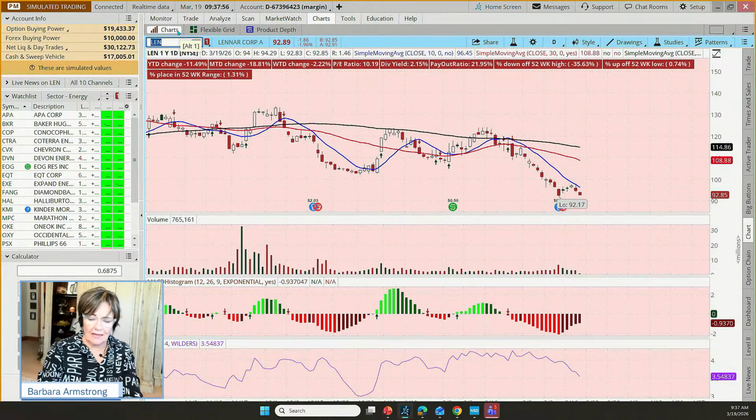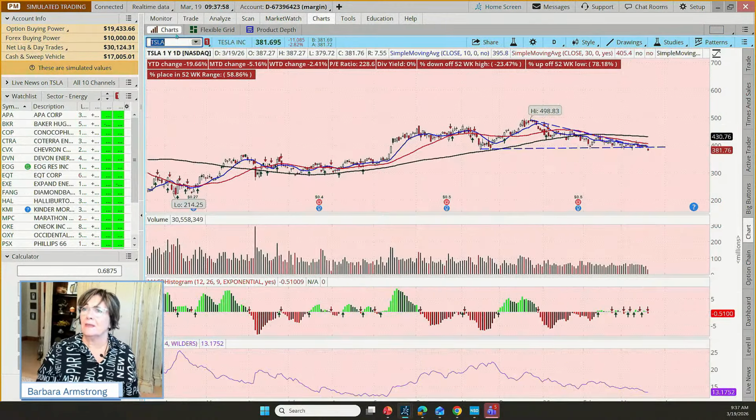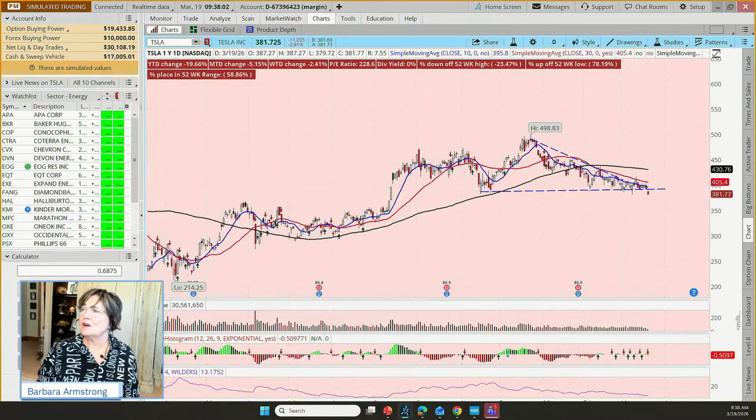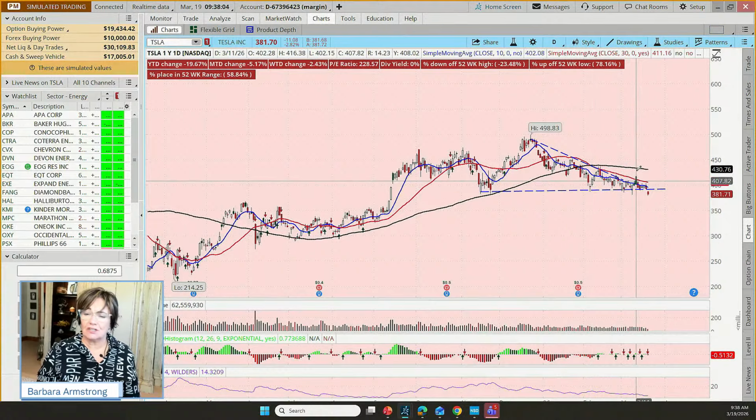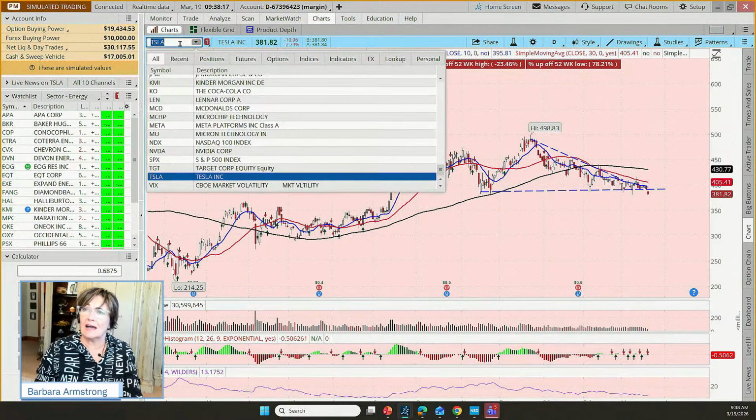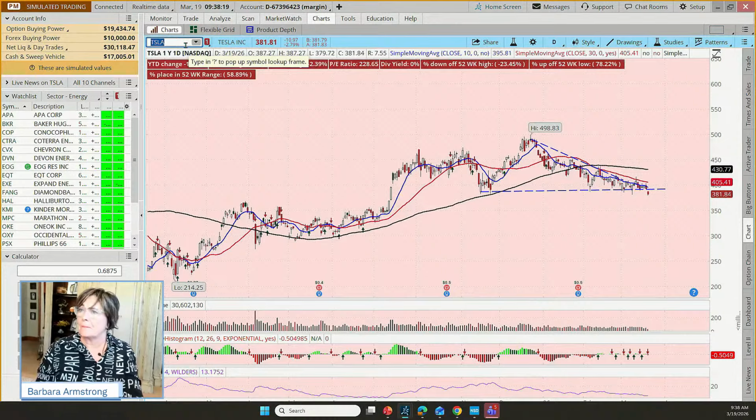And when we look at Tesla, it's down 20% year to date. So we're just trying to jump on that short to intermediate term trend and go with the flow of it. And the same thing on the bullish side with Micron.